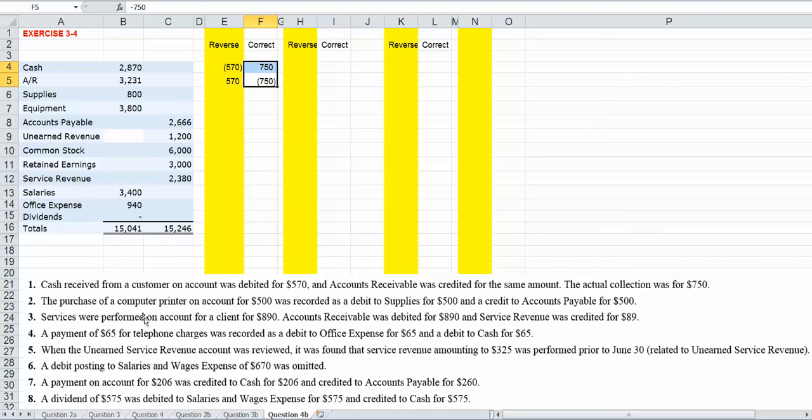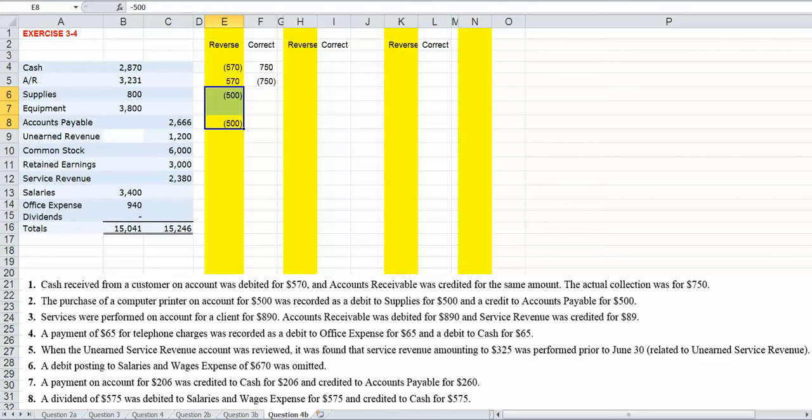Moving on to 2, we purchased a computer printer on account for $500, and it was recorded as a debit to supplies and a $500 credit to accounts payable. Now that's the incorrect entry, so let's go ahead and reverse that. So we're reducing supplies by 500, and we're reducing our accounts payable for 500.